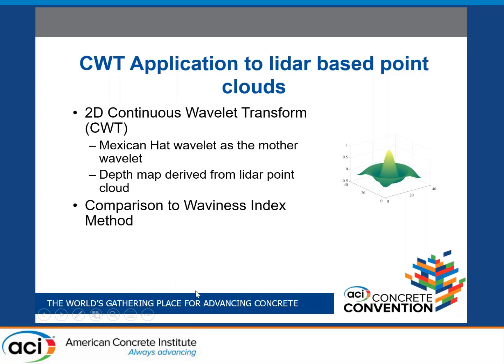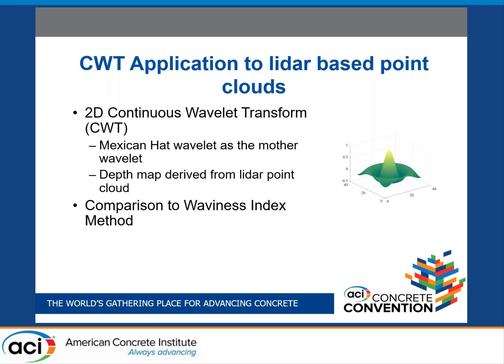This implies that the function has to move above and below a certain axis in a wave-like manner. This figure shows a typical wavelet function, commonly known as the Mexican hat wavelet.